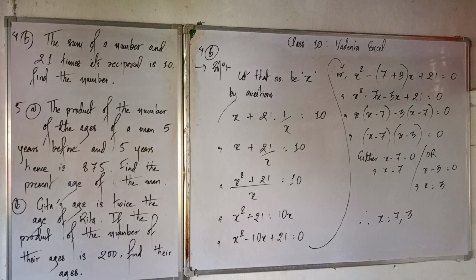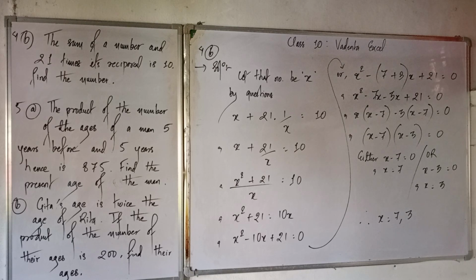So now let's move to the next number, 5a. In 5a, the product of the ages of a man 5 years before and 5 years hence is 875. Find the present age of the man.